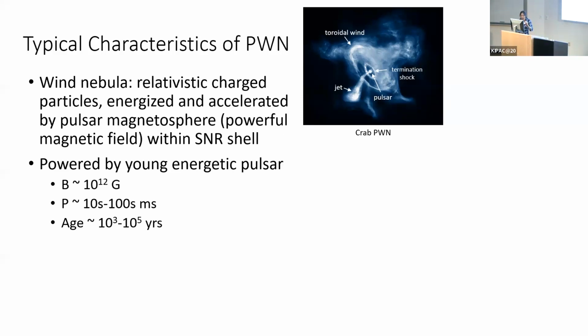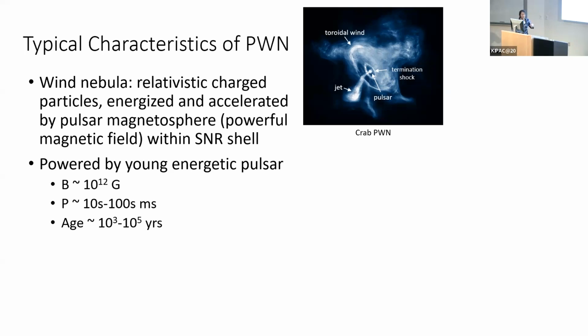The way this charged wind comes about is because the pulsar has a very powerful magnetic field, on the order of 10^12 Gauss. It's also spinning very rapidly, with periods between tens and hundreds of milliseconds. And it's made up of highly conductive material on the interior, typically electrons and atomic nuclei.